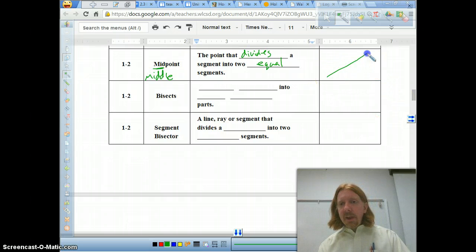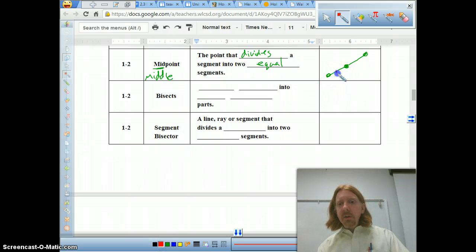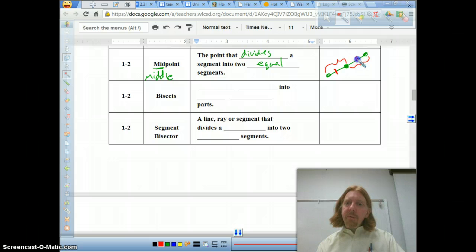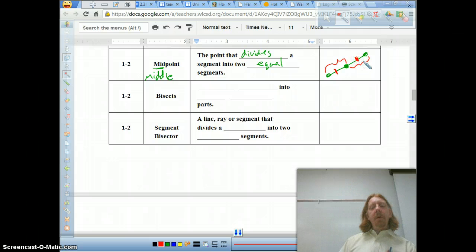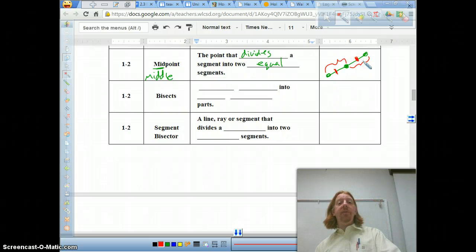So here's a segment. This is going to cut it in half. It's going to create two parts that are the same length. So this length is the same as that length. That's what these single hash marks represent. Those tick marks there are ways of showing that things are the same length.